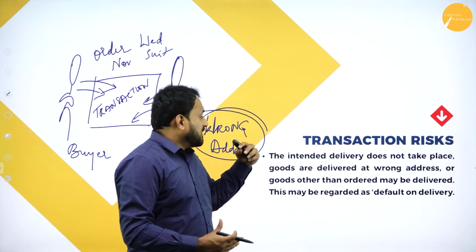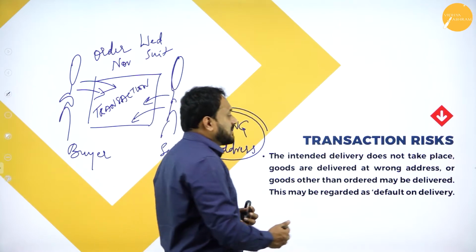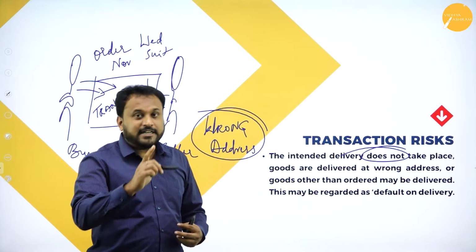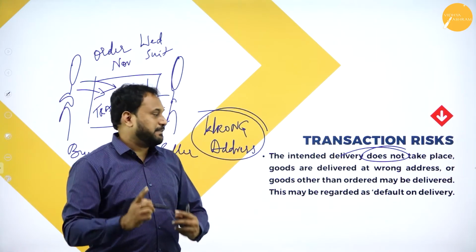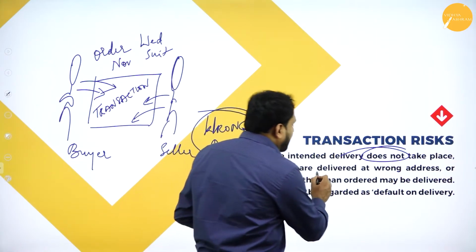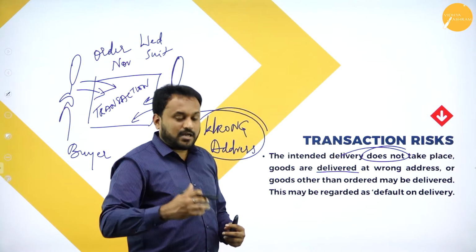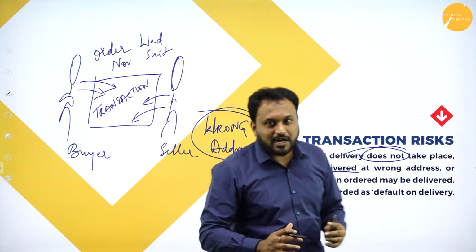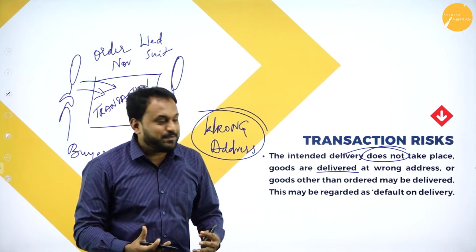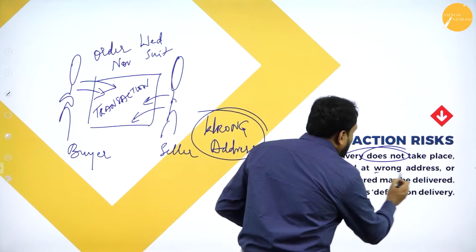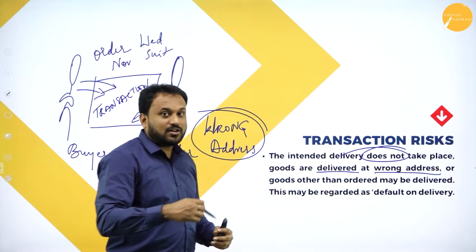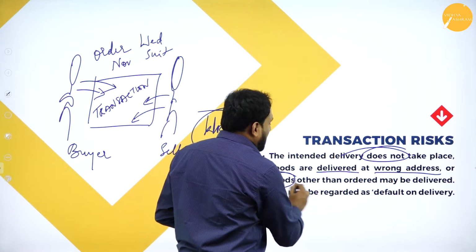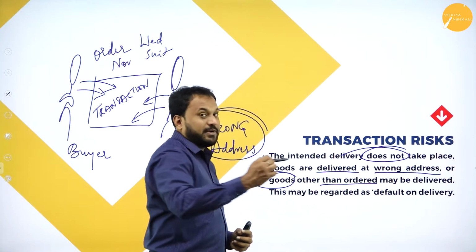Understand here. The intended delivery does not take place. Goods are delivered, yes, but what exactly has happened? They are delivered at a wrong address, or goods other than the ones ordered may be delivered.